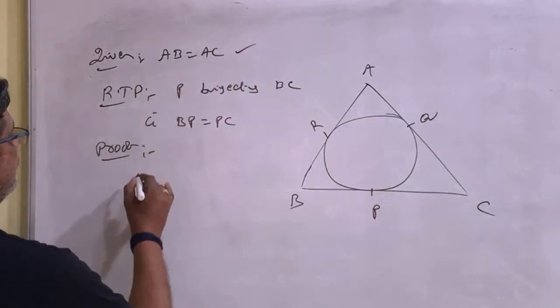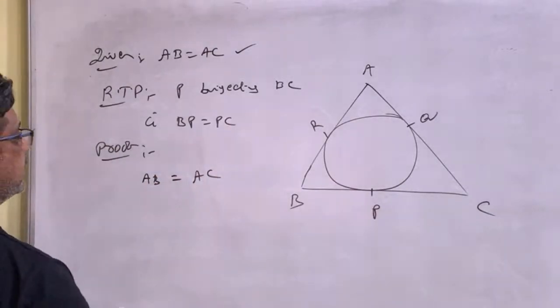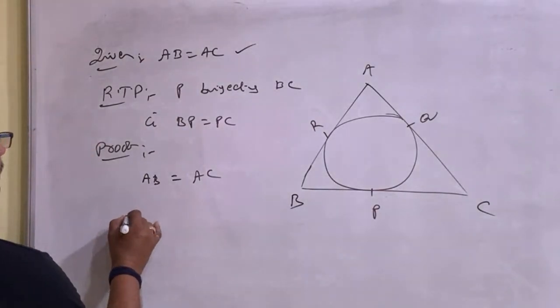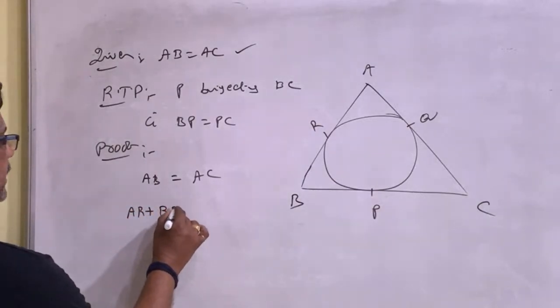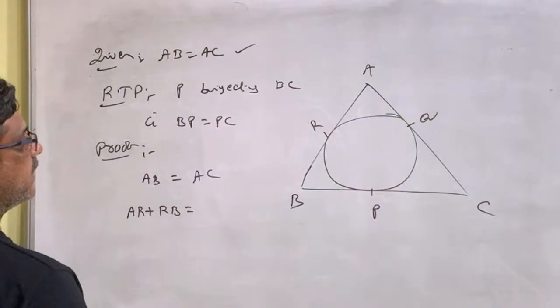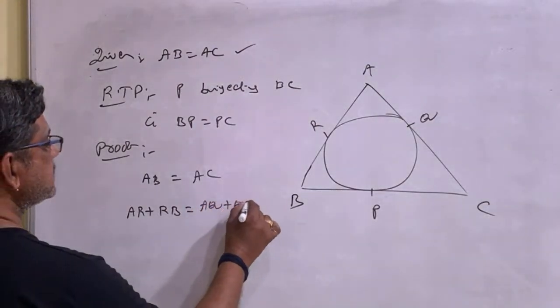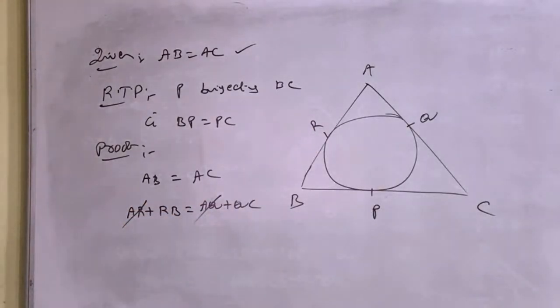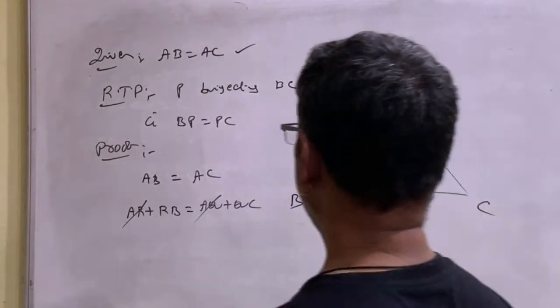Consider this one, children. AB is equal to AC. So AB we can write as AR plus RB, and AC we can write as AQ plus QC. AR and AQ get cancelled because they are equal. Tangents drawn from the external point of circle are equal. Now what is remaining?